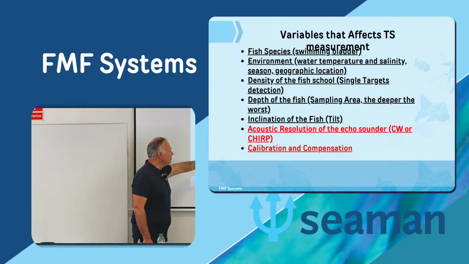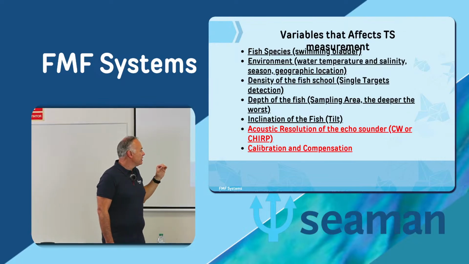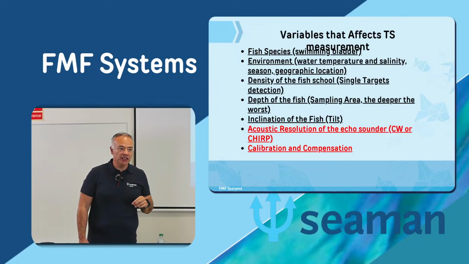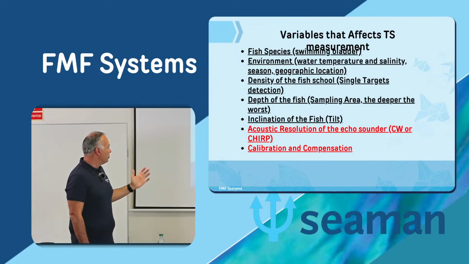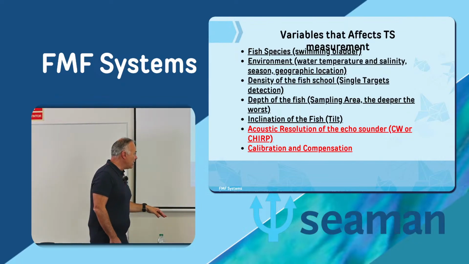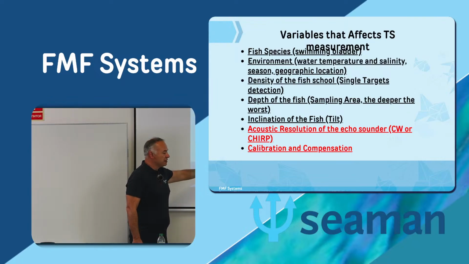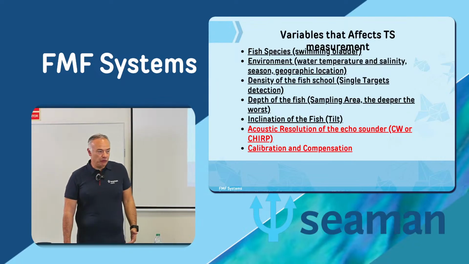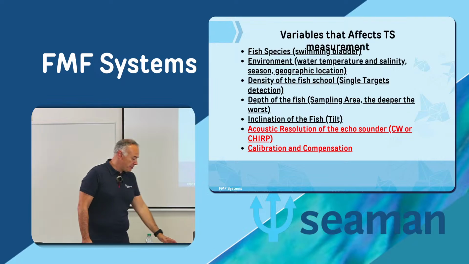We can only control these two. We can adjust the pulse width, we can adjust the transmission mode to get more acoustic resolution, and, remember yesterday we talked about calibration, we can have a good calibration in the equipment that will improve the accuracy of the measurement.